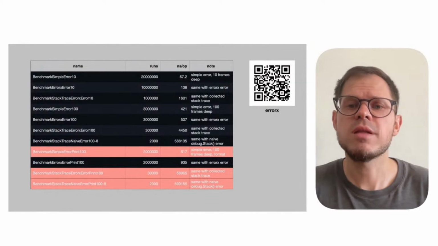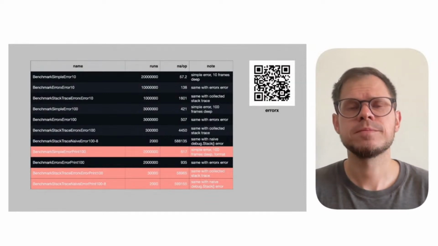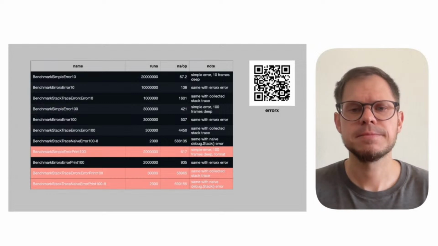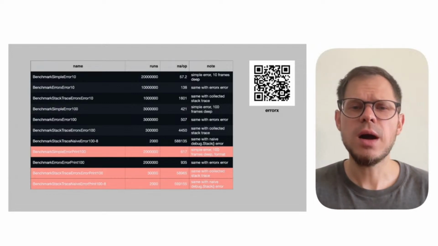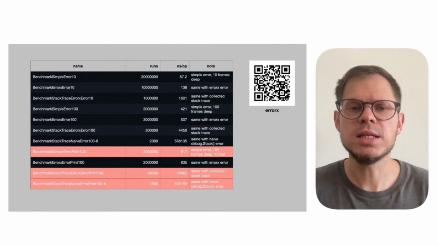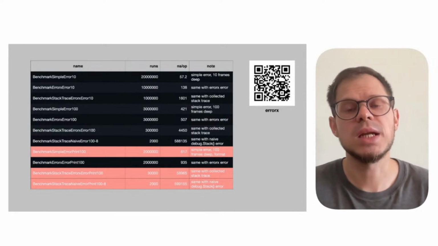How expensive is the stack trace in Go? Let's see benchmarks provided by the authors of one package for working with errors, ErrorX. The naive approach with fmt.Errorf is getting the stack trace by a function from the runtime package.